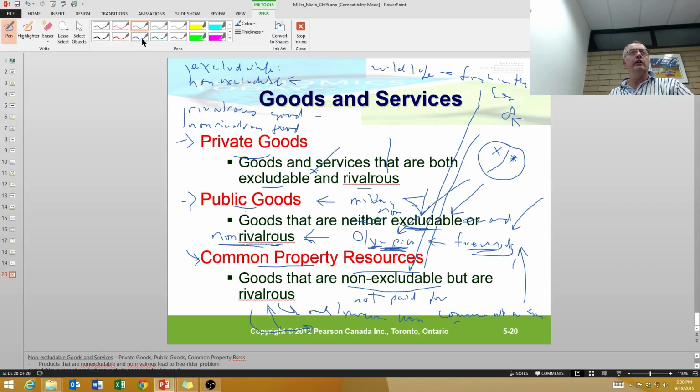A possible solution to so-called common property resources is some kind of government regulation. Maybe the government charges for fishing licenses, or in the case of fishing on the ocean, they might have fishing quotas. So when you go fishing, you can only catch so many fish.